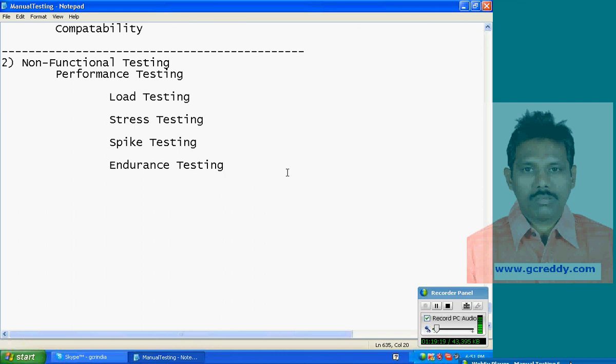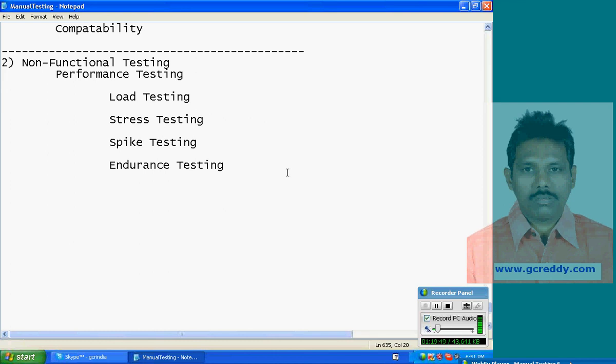Endurance testing. It is also a subset of performance testing. See, measuring a component or system's behavior under customer expected load for a specified amount of time.